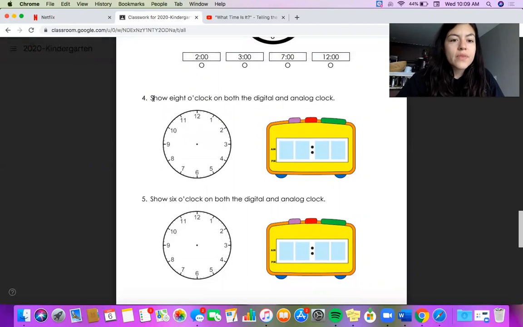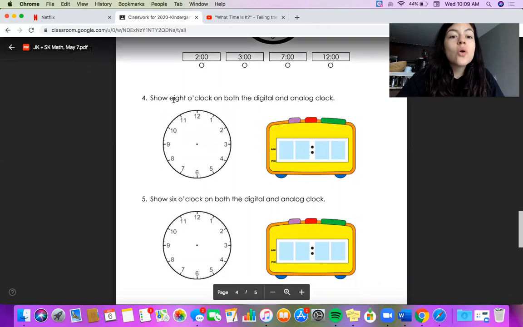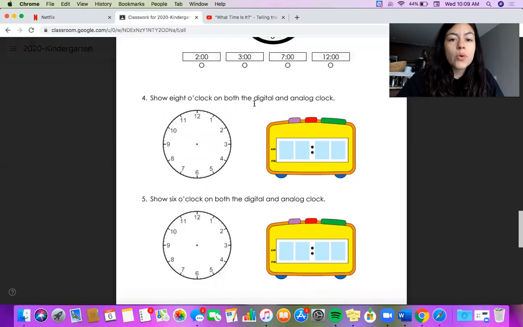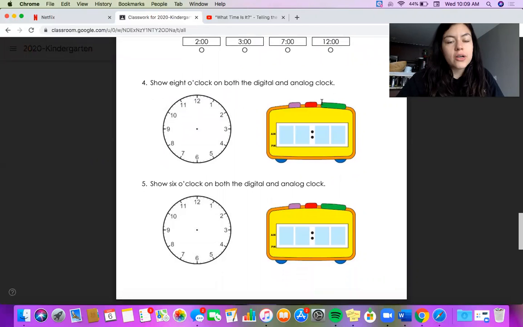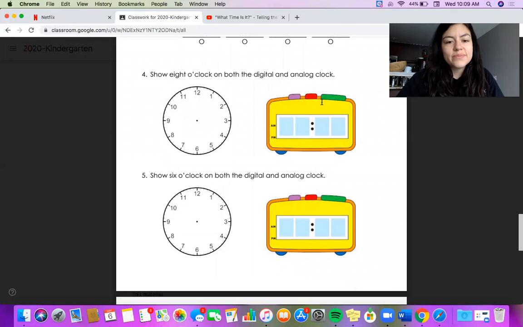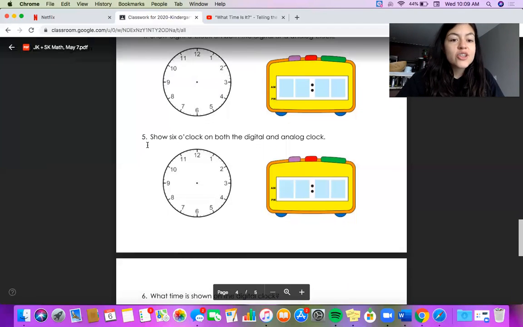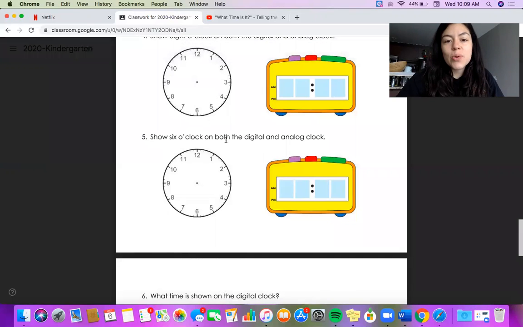Number 4, show 8 o'clock on both the digital and analog clock. Number 5, show 6 o'clock on both the digital and analog clock.